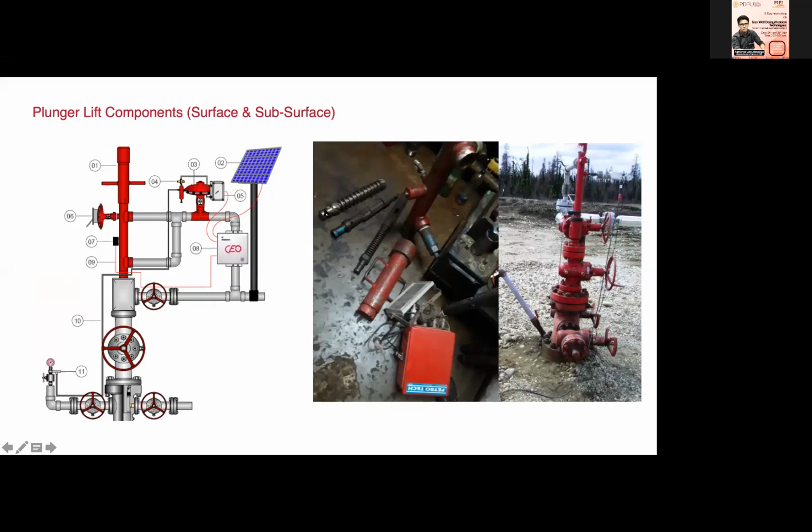We installed this in RO35 as a pilot, but it was not successful because the plunger was stuck in the upper master valve, and I will also talk about that. And you have the tubing stop, and this is your bumper spring, right? And this will be the wellhead system of the plunger lift.